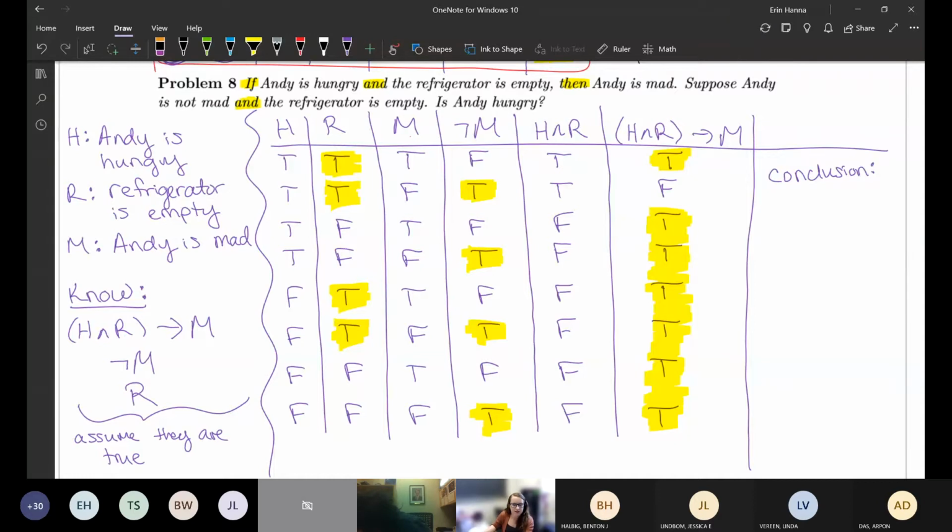And then the point is that we want all of these three things to be true. So now we have to look at it row by row. Is there anyone that comes out to all of them being true? So the first row, there's only 2 of them true. The second row, there's only 2. Third, there's only 1. So if we keep going, the only row we have where they're all true is this third one from the bottom.